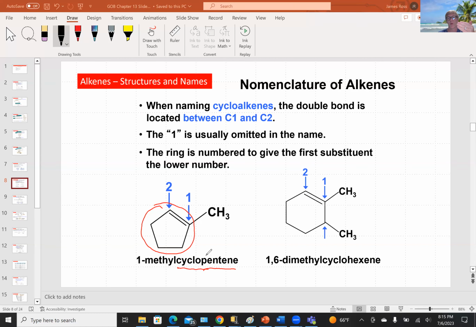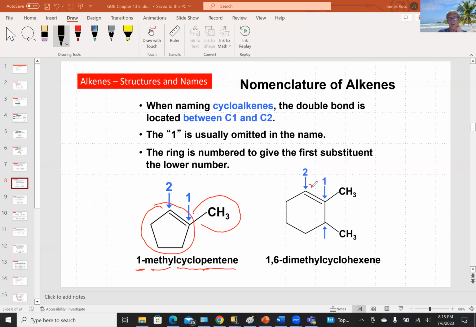It's implied that we're counting the double bond between carbons 1 and 2. So then we have to give the branch the lowest possible number. Well, in this case, the number is 1, right? So we state where the branch is, the methyl branch. So we'd have 1-methylcyclopentene.